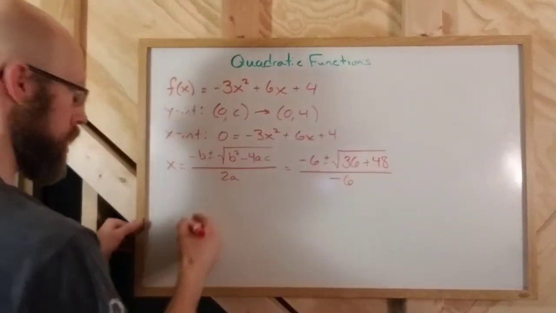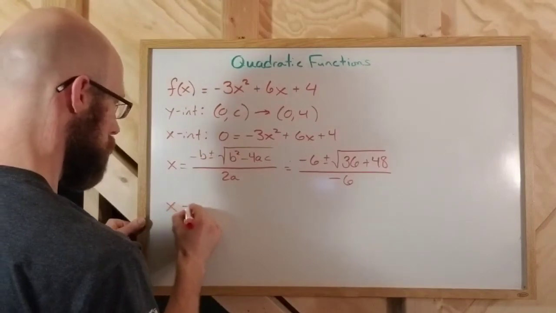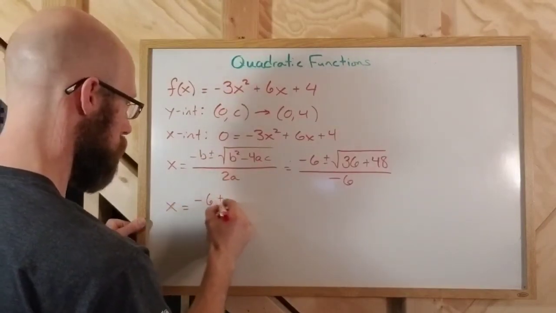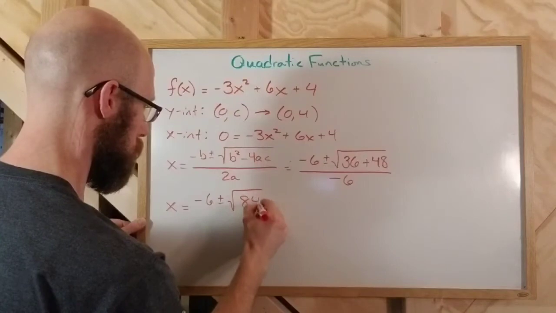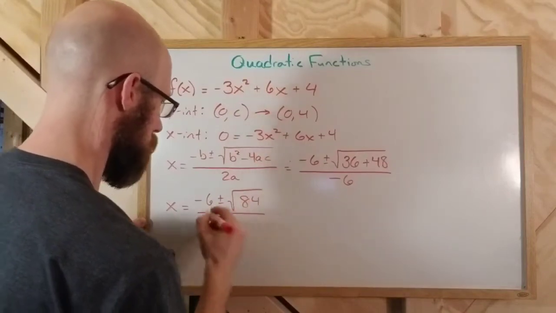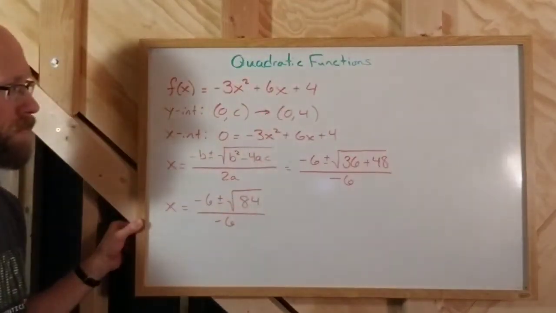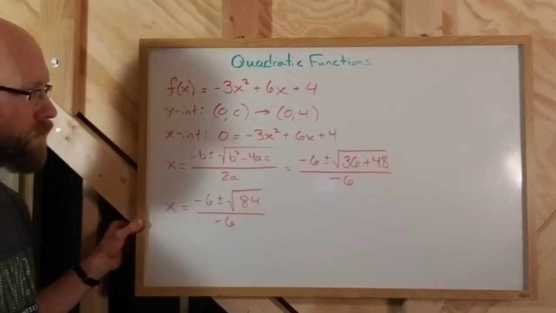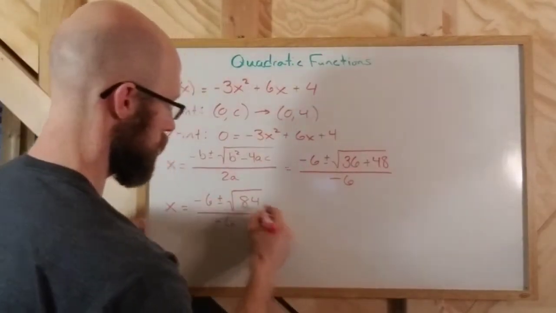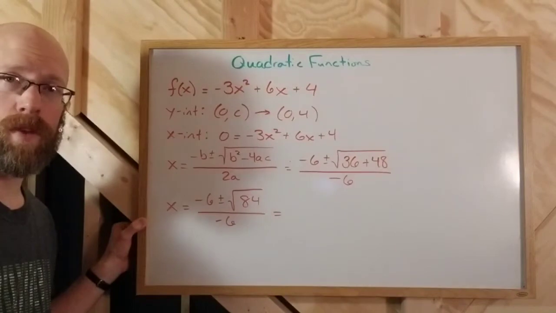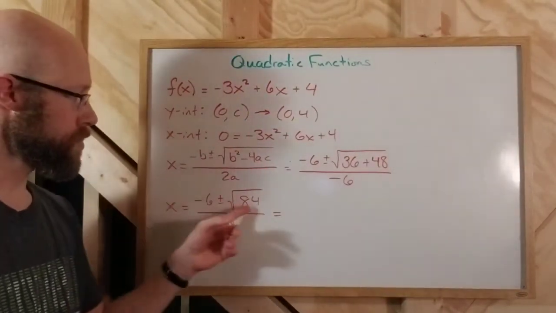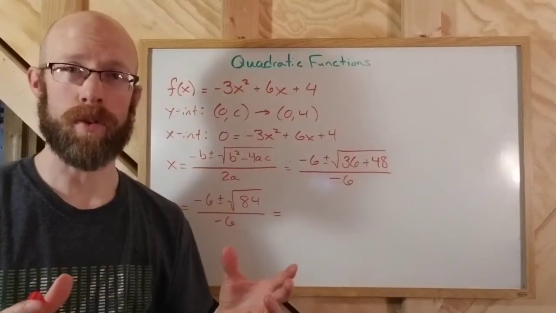36 and 48 should give us 84. That's a negative 6 on the bottom. Right, that's 84. And then I simplify this root. Remember that roots can be separated between factors.